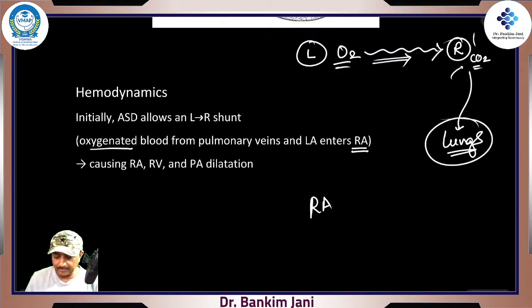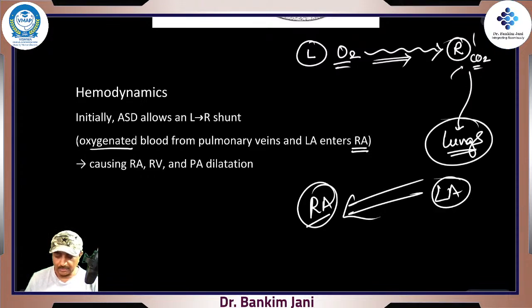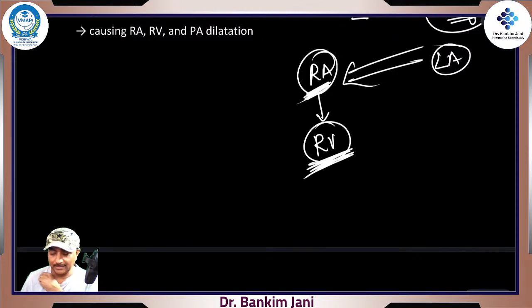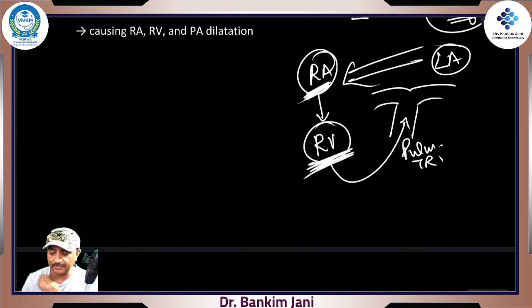Right atrium, right? It is getting more blood from left atrium. This would be enlarged, correct? Then right atrium will say, I can't store, push it to right ventricle. Now right ventricle is overloaded, so that is right atrial enlargement, right ventricular hypertrophy, right? And via this pulmonary trunk, they will also be under high pressure. So pulmonary arteries will be dilated.